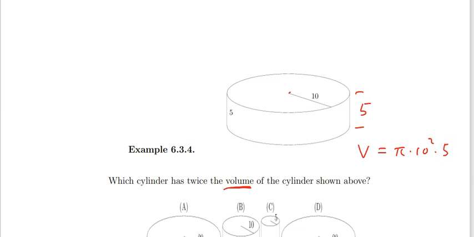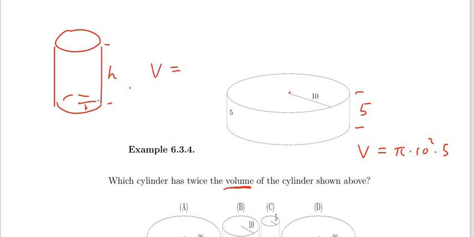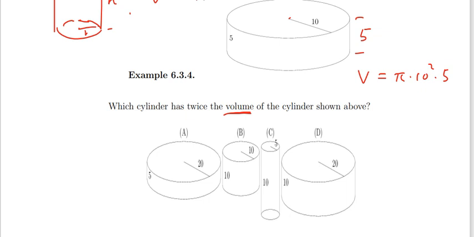Maybe we review this. For this cylinder, suppose this is R and this is H. Then the volume is the base area, pi r squared, times h. Now, which cylinder has twice the volume of this? Which one has a volume equal to 2 times this?